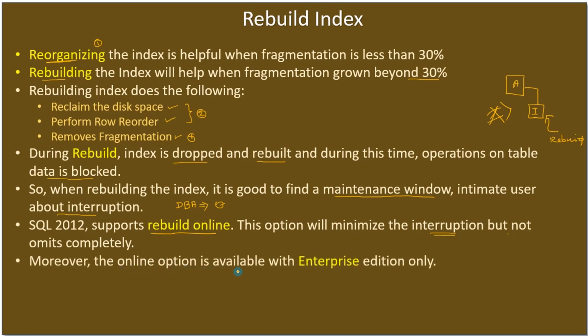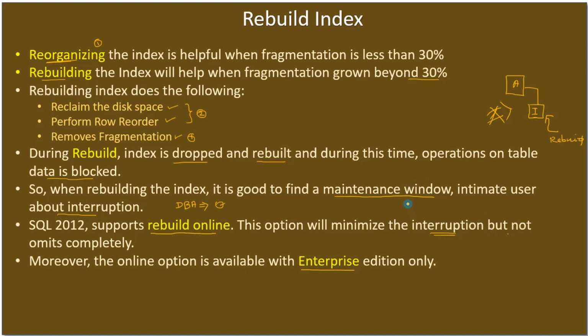Moreover, the online option is available with the Enterprise edition of SQL Server only. So usually when you go to the production system, there you may find Enterprise edition. So we can say it is available there because of Enterprise edition, but it is not guaranteed that there will not be any interruption in terms of rebuild online. So at times there may be interruption.